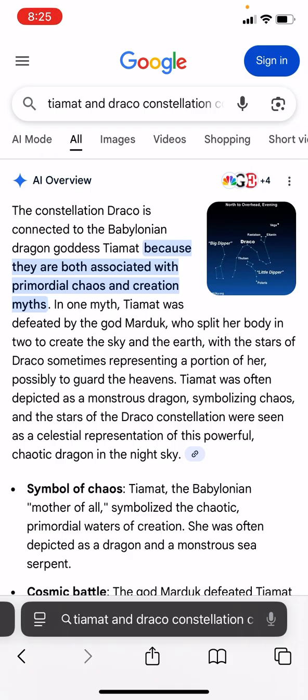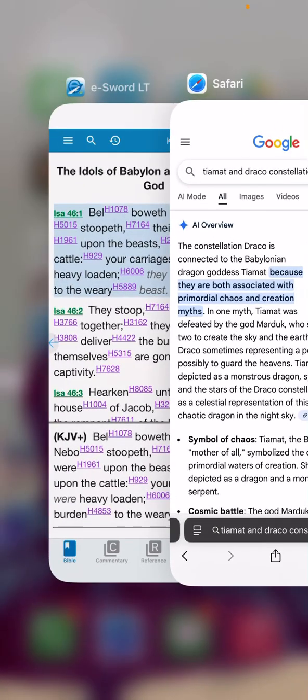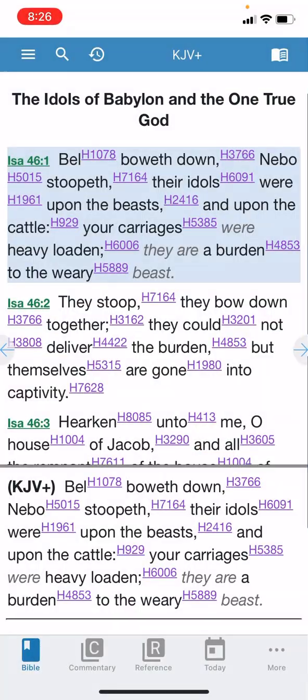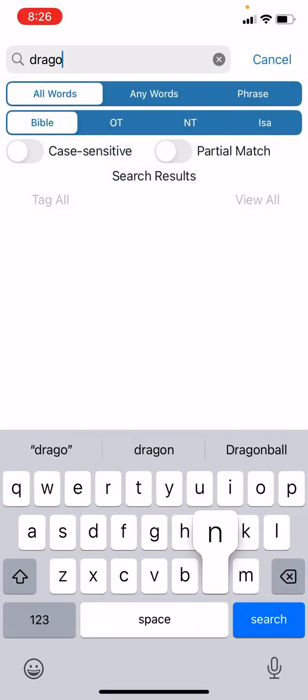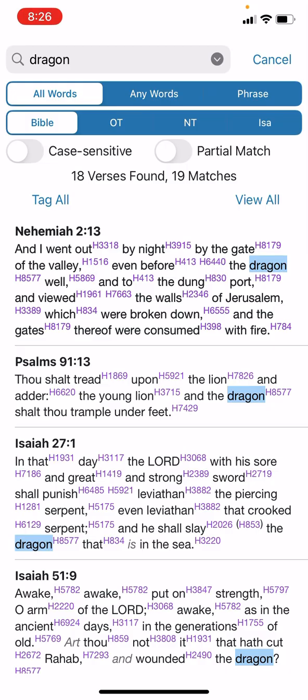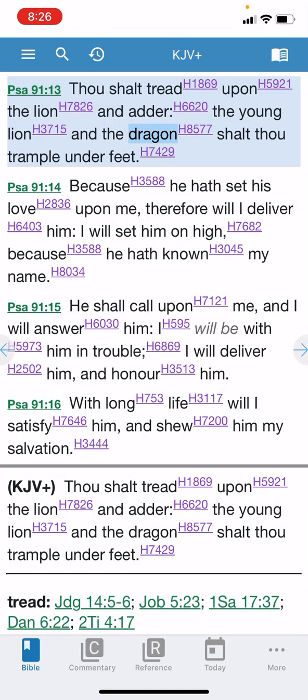Because we can see this in context too, when it talks about the dragon in the Hebrew scriptures. Y'all think I'm lying? Psalms 91 verse 13.